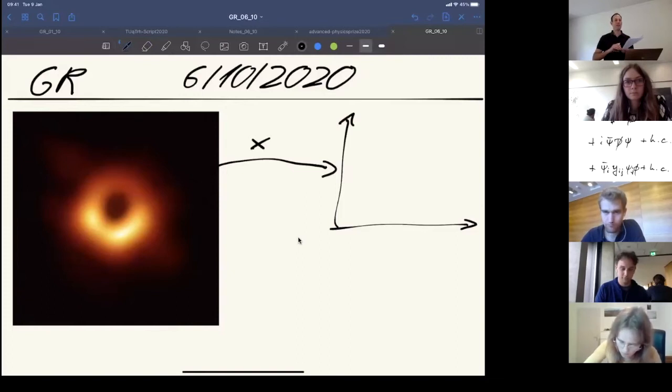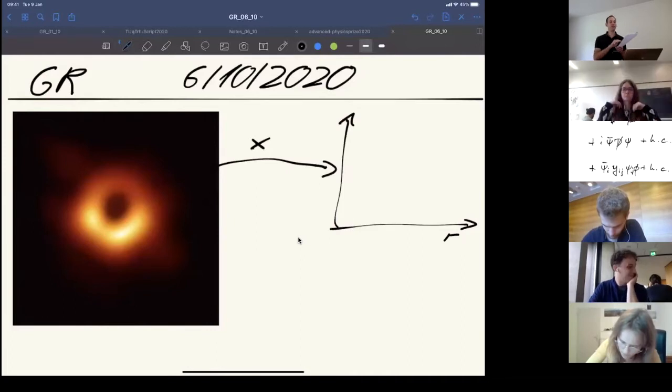Nevertheless, they have still a good spherical symmetry, in the same way as Earth is spherically symmetric. Of course, not perfectly, but it makes sense to, for example, talk about radial coordinates. So I could talk about a radial coordinate on the whole right-hand side.